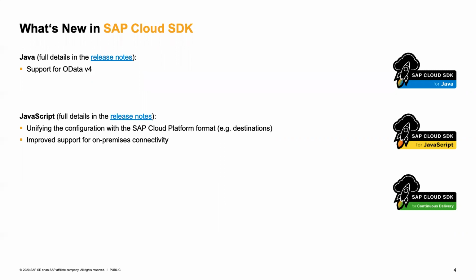And this configuration will be automatically picked up by Cloud SDK as well. Another improvement that happened on the JavaScript side recently is we worked on improving the support for connecting from the cloud application to different on-premise systems. Next, please.